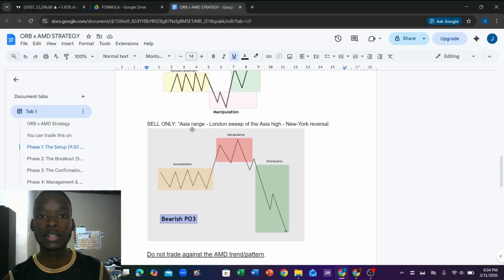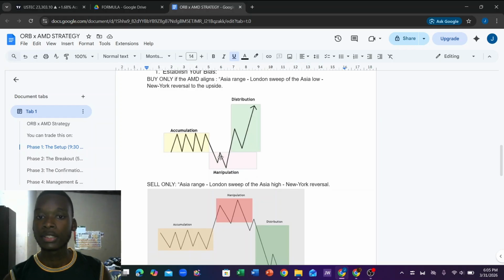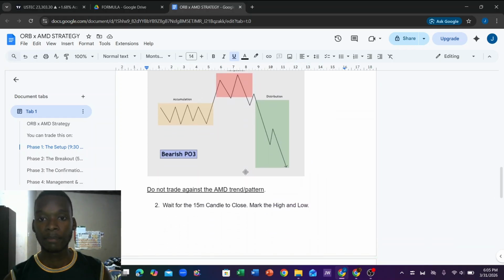Accumulation happens in the Asia session, then London is going to sweep the highs, and then distribution to the downside. This is our bearish bias. We are only selling if price formed this exact pattern.